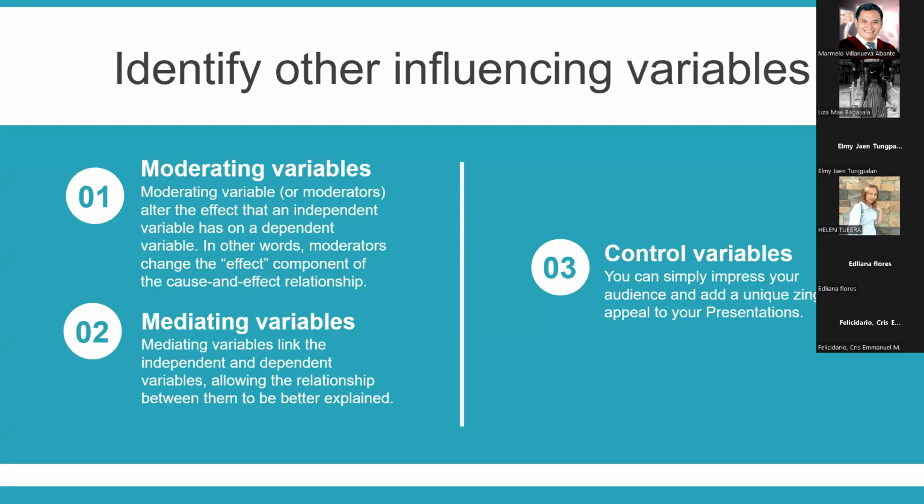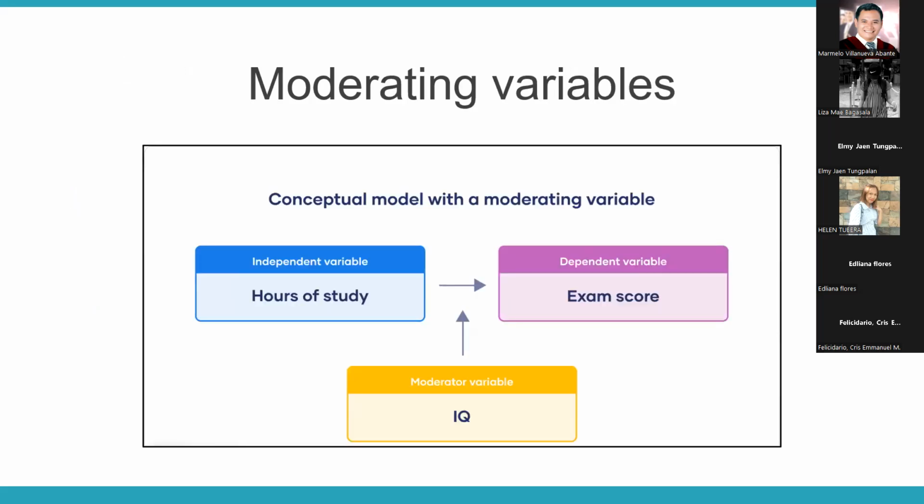The moderating variables, or also called moderators, alter the effect that an independent variable has on the dependent variable. So in other words, they can change the effect component of the cause and effect relationship. Example, yan, naglagay na tayo ng moderator variable.